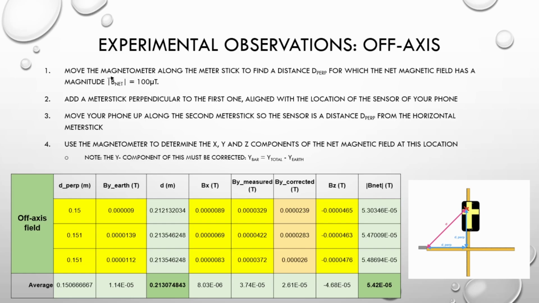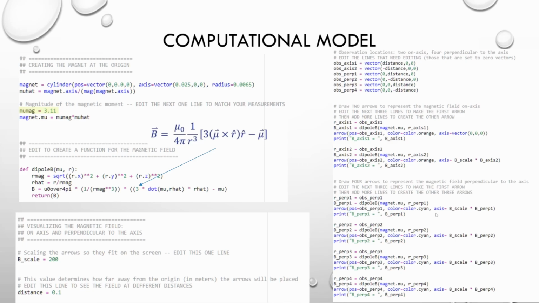We then added a meter stick perpendicular to the first one, and we moved our phone up along the second ruler so that the sensor was now a distance of d perp from the horizontal ruler, and we then used the magnetometer to determine the X, Y, and Z components of the net magnetic field at this location. We corrected the Y component by subtracting the Earth's magnetic field from the total magnetic field measured for that Y component. And then here's the computational model we generated for our data.